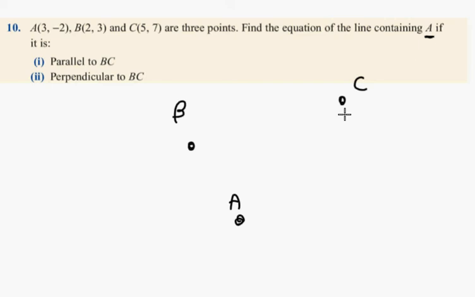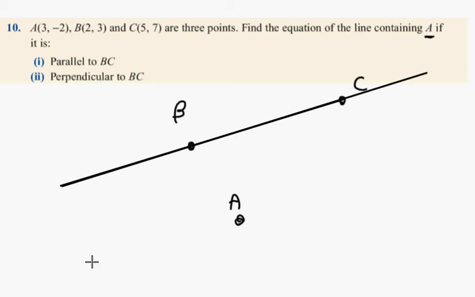So everybody, does everybody agree that's BC right there? What does it want me to create? It wants me to create a line that goes through A, but is parallel to BC. So I'll just do that line there.